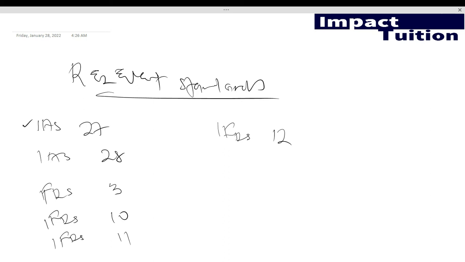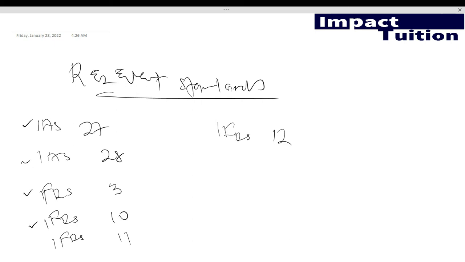We've talked about IAS 27, 28, IFRS 3, IFRS 10. Now, IFRS 11 talks about joint arrangements. The arrangement can be a joint operation or a joint venture. In both cases, the investor obtains joint control over some business with other investors.